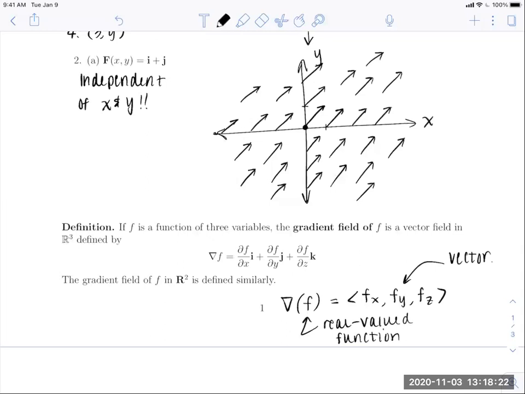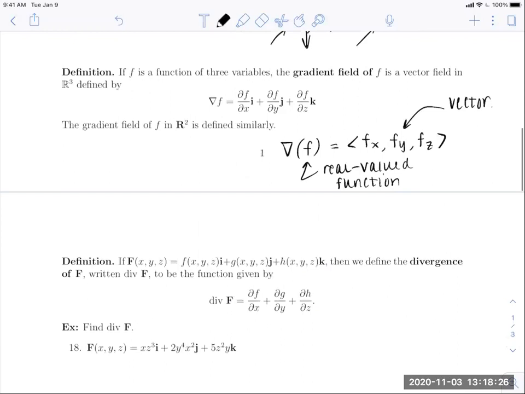Now, very similar, but yet distinctly different from the gradient field is what we'll call the divergence. We're now looking at a vector valued function f. So I'll just note here, vector valued function, as opposed to the gradient up above where we had a real valued function. And then we're going to define the divergence of f.